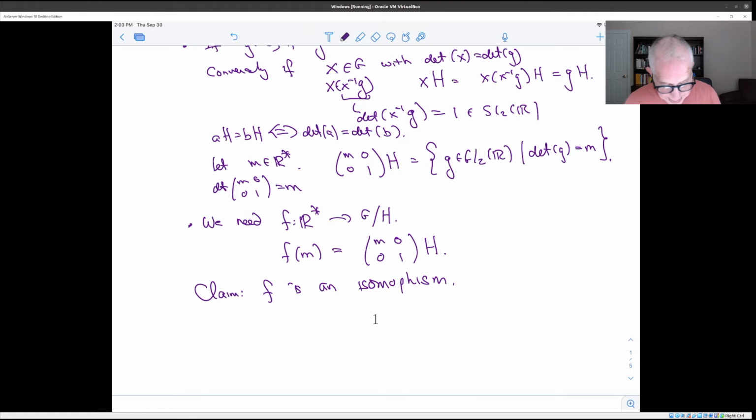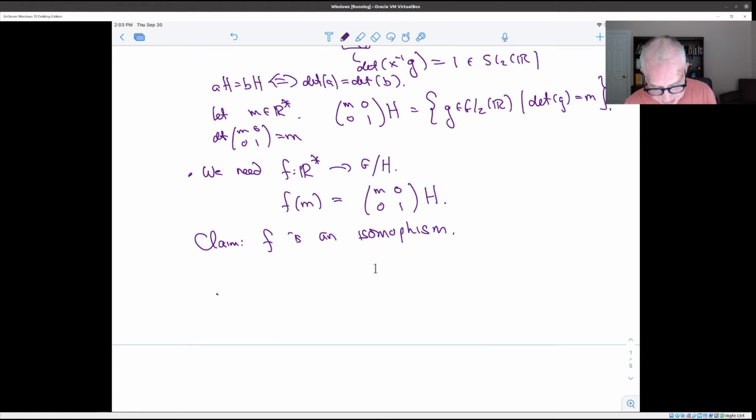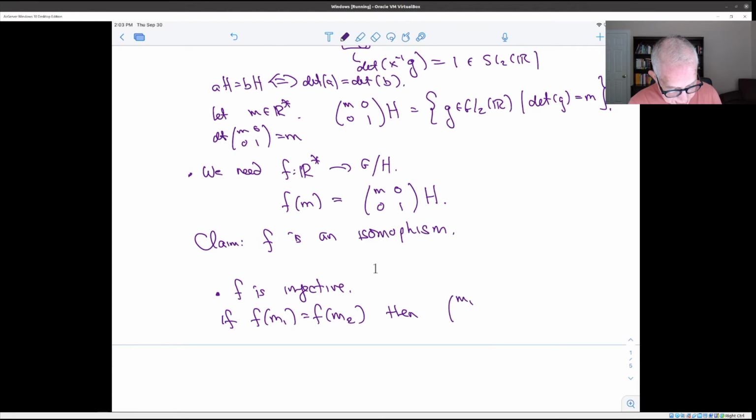And for that, we need to check, first of all, that it's bijective. So we need to check that it's injective. In other words, we need to know that if f of m1 equals f of m2, then that means that the coset m1001h equals the coset m2001h.